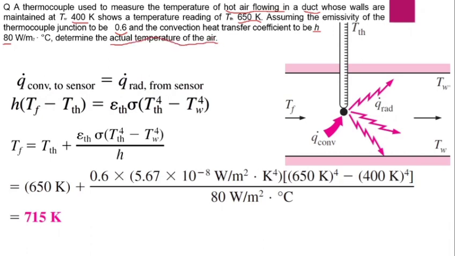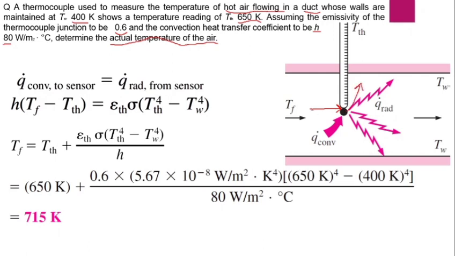So as I am telling you, in this case we are going to use radiation. Whenever these types of questions come where we have to measure the temperature, the first thing we have to keep in mind is that we can measure the temperature only in the case of steady state, right? And what is the meaning of steady state? The meaning is that whatever energy is coming from outside to inside is going from inside to outside, right?